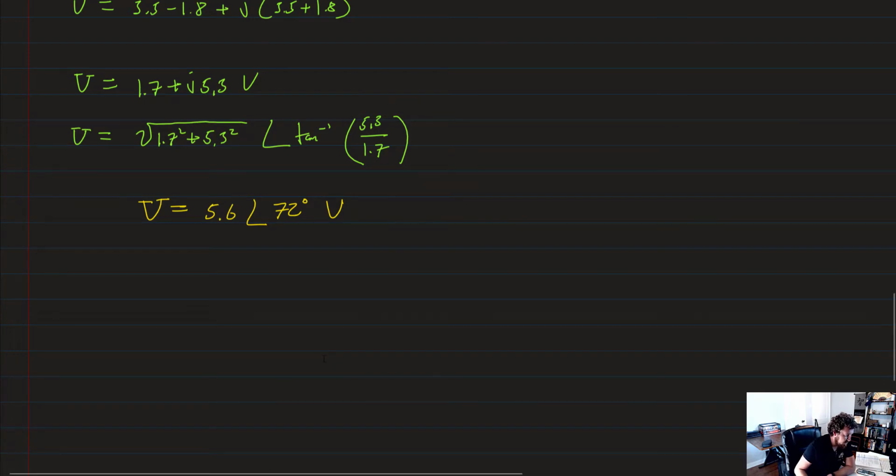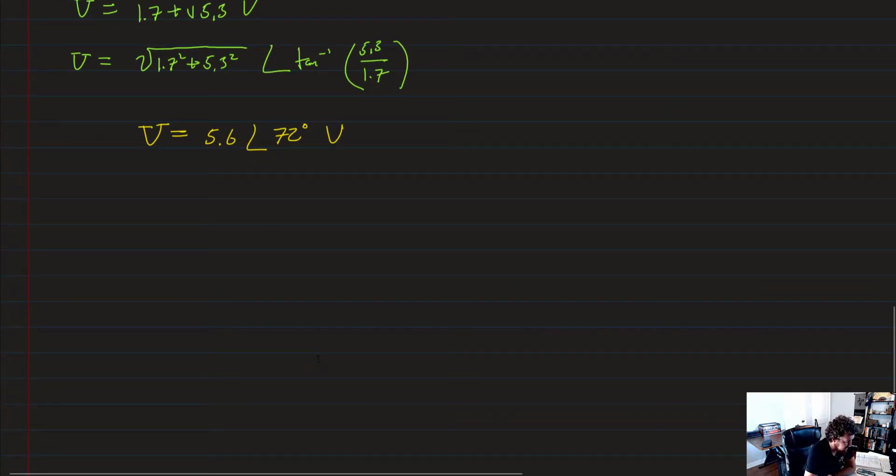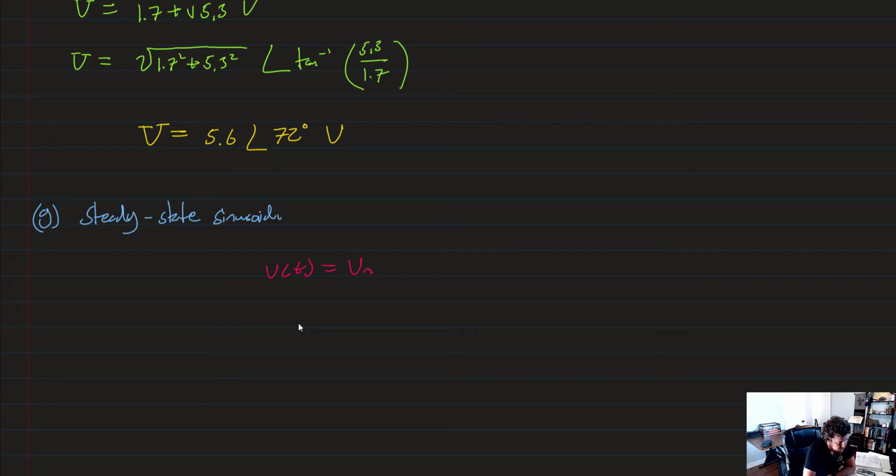The last part of this example says, hey, what's the voltage as a steady state sinusoid? And we actually have everything we need for that, right? Remember that our steady state voltages are given as Vm times the cosine of omega t plus phi degrees in volts.